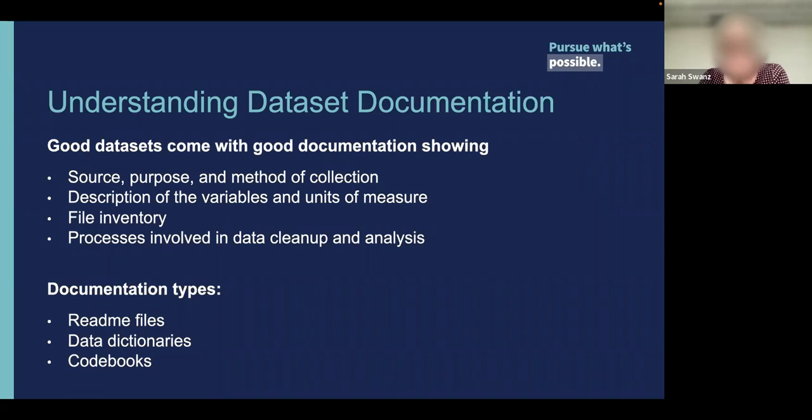Do they say temperature and not specify Celsius or Fahrenheit? Well, how can you use that data? Look at the file directory and the file inventory. Identify the processes involved in data cleanup and analysis. They should explain: are they throwing out outliers, or are they including them in their data set? Understand what they're giving you.